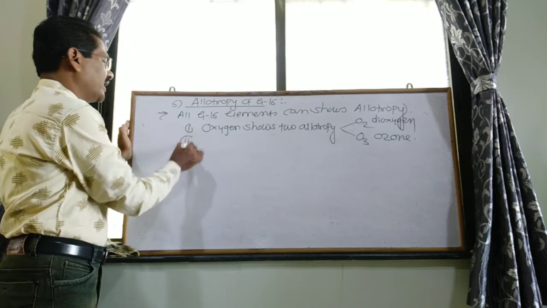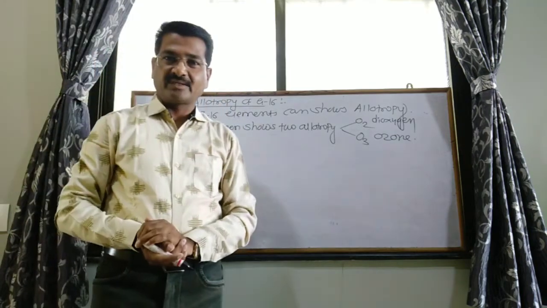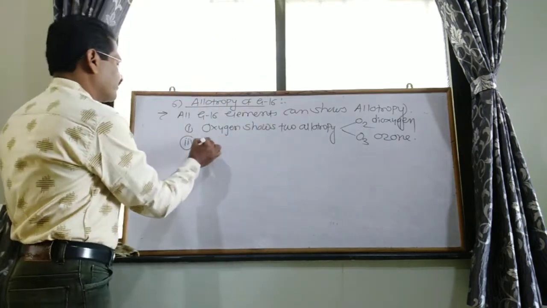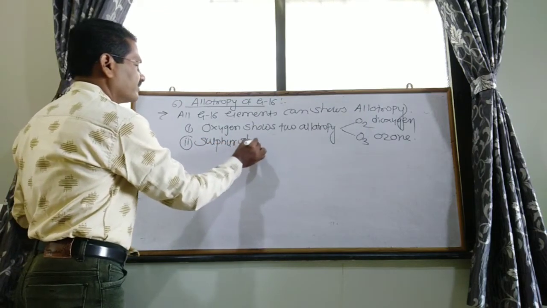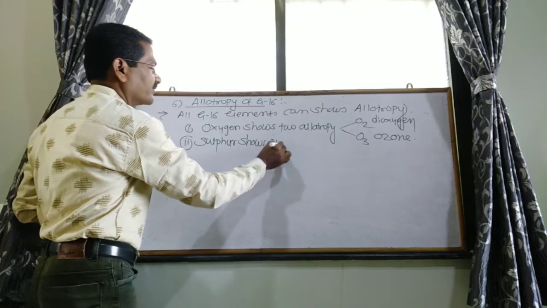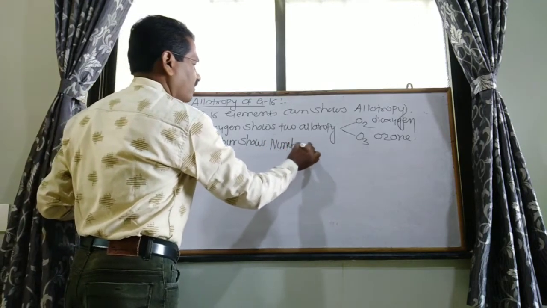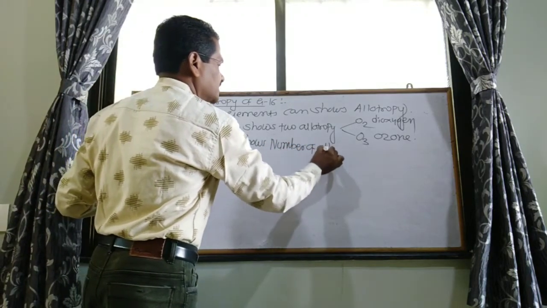Then sulfur shows a number of allotropic forms.